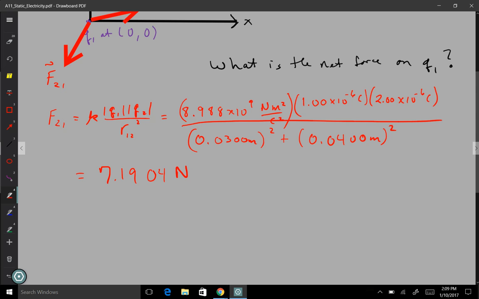Okay, so I have the magnitude. I'm going to go ahead and calculate the magnitude of the other force, and then I'll worry about getting the vectors. So the other force was force of 3 on 1. Notice it's Q1 still because I'm looking at charge 1, and Q3 because now I'm looking at charge 3.